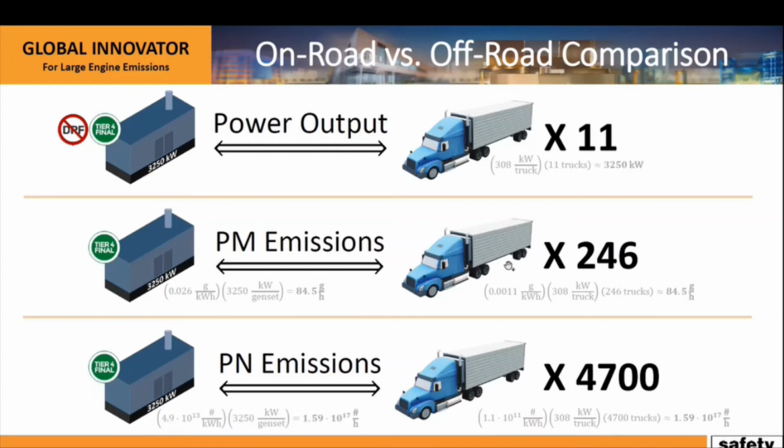And we've got all the calcs down here as well if you want to see them. Then in terms of PM emissions, that's 246 trucks. So starting to get pretty substantial there. And then for PN emissions, really very substantial. 1 3 meg generator is equivalent to about 4,700 trucks.